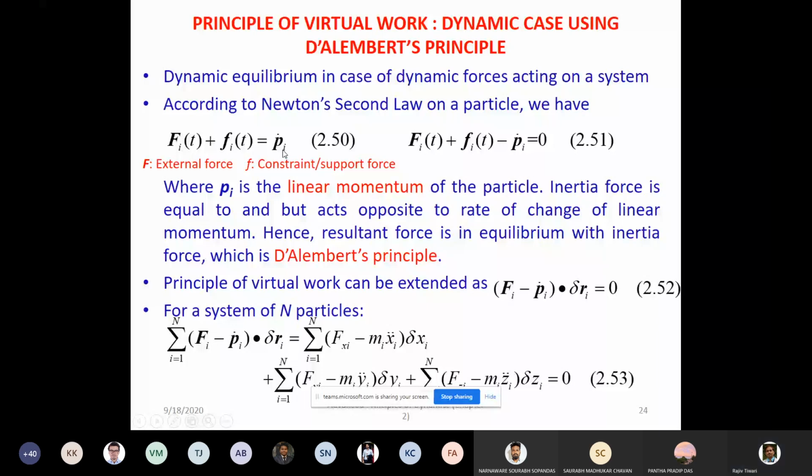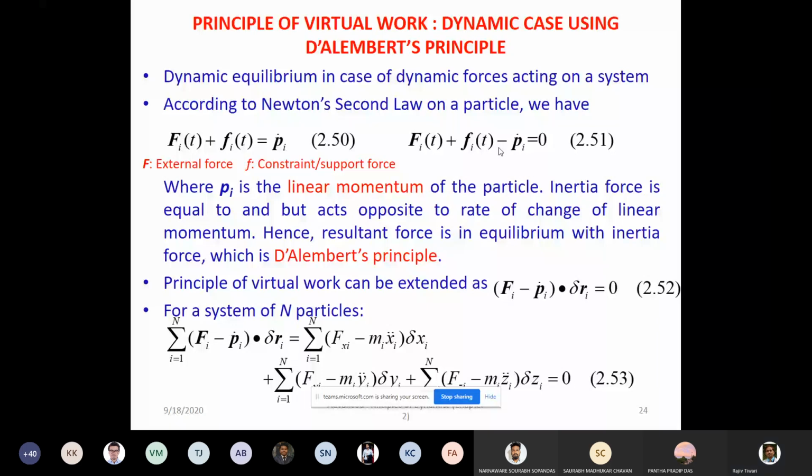If we bring this to the left side, then we can think that the system is in dynamic equilibrium under external force, reaction force, and a fictitious inertia force. So the system is in equilibrium as we have in the static case, where the motion is not taking place.